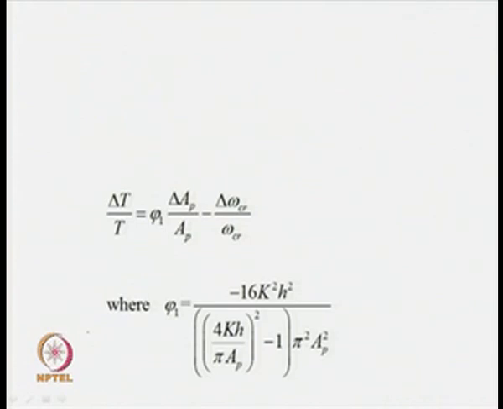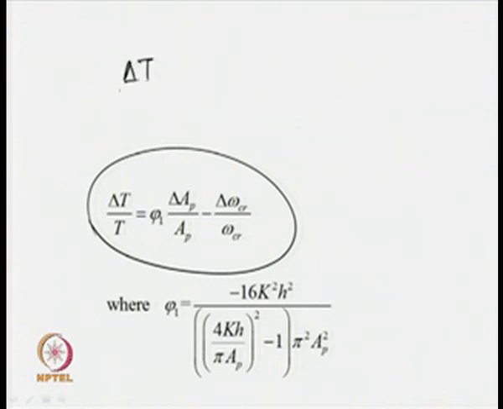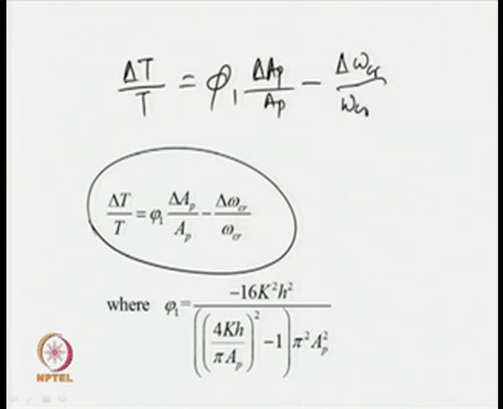Okay. So, finally, when you substitute the partial derivative terms in the expression, the relative error of the time constant can be found as delta t upon t equals phi 1 delta A p upon A p minus delta omega c r upon omega c r, where phi 1 is given by this constant.